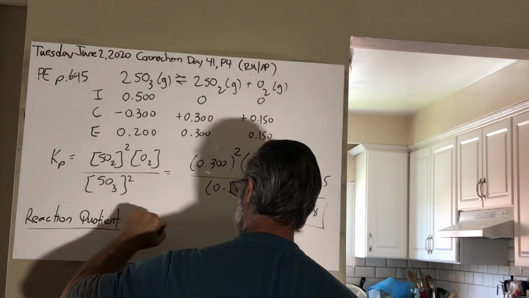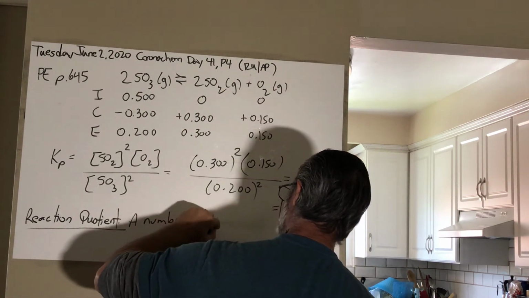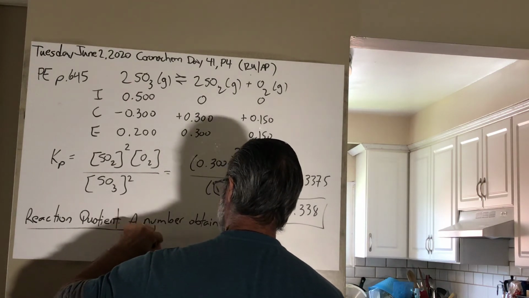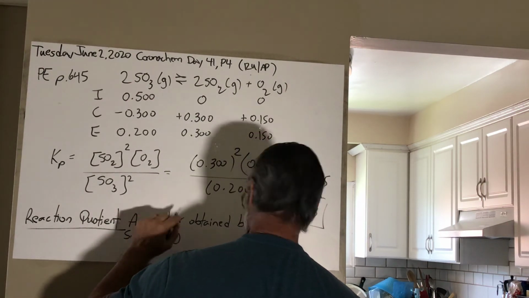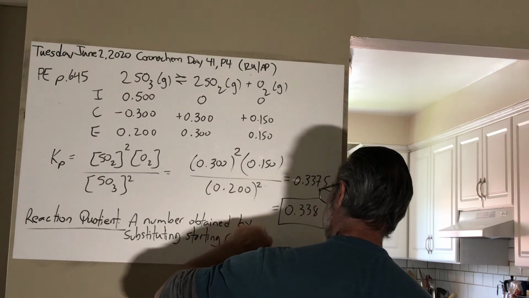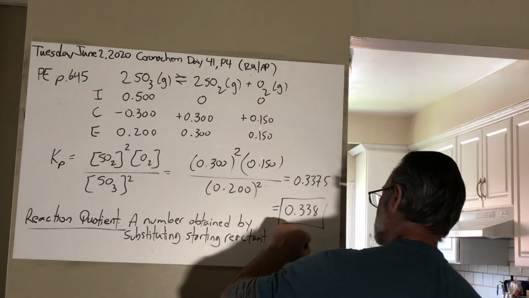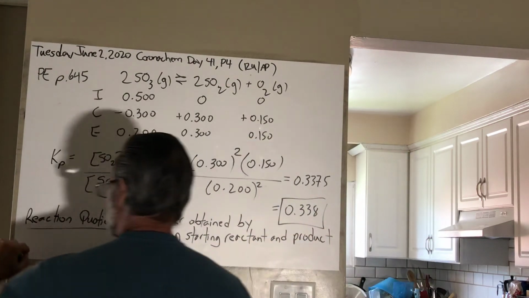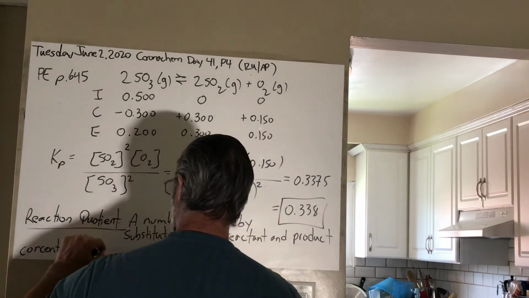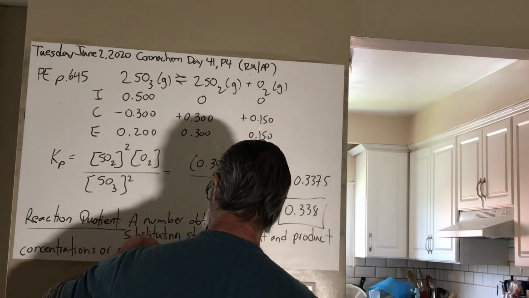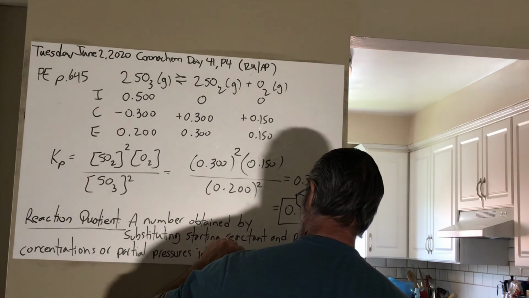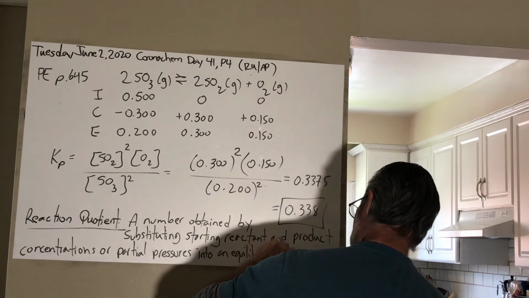It's a number obtained by substituting starting reactant and product concentrations or partial pressures into an equilibrium constant expression.